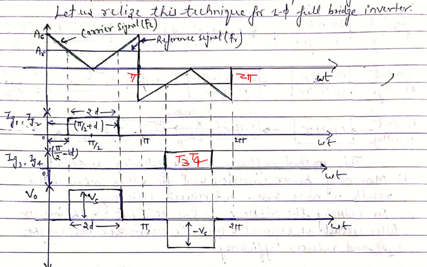On the x-axis, from 0 to this level the width is pi by 2. If we subtract d from pi by 2, it is pi by 2 minus d, and if we add d to pi by 2, it is pi by 2 plus d. So this is the pulse width calculation, and again we will proceed.